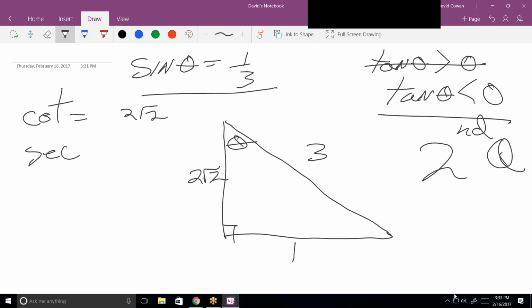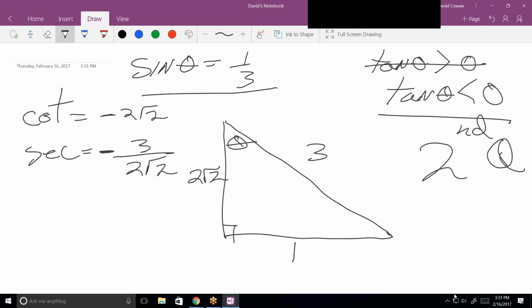What is its sign in the second quadrant? Negative. What's the secant of theta? Secant of theta equals 3 over 2 root 2. What is its sign in the second quadrant? Negative.